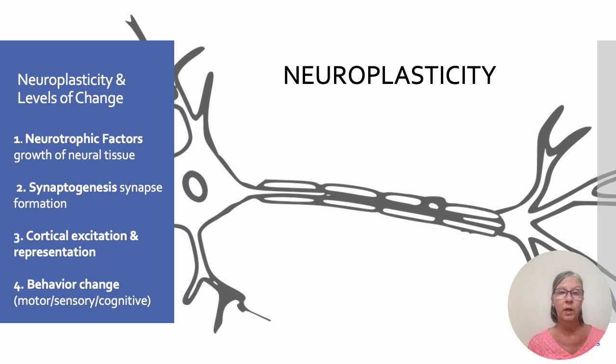These are the different brain regions that are firing and wiring and rewiring. And when all of that is going on, eventually we will see some sort of a behavior change. It might be improvement in motor function, maybe sensation improves, and even cognitive function can improve.